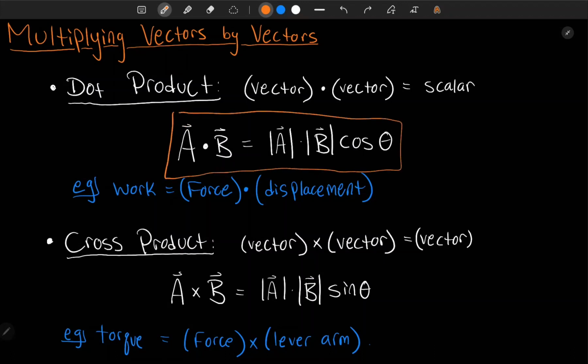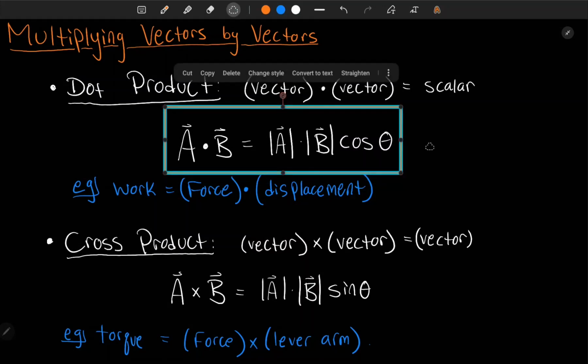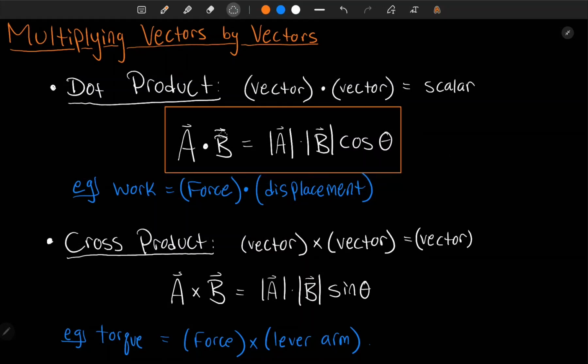So the dot product formula is you have these 2 vectors, and you dot them together, and the answer is just the magnitude of A, so the length of A, times the magnitude of B, times the cosine of theta, where theta here is the angle between A and B.